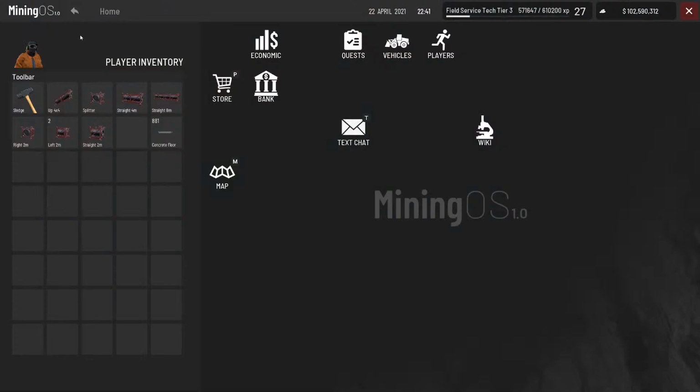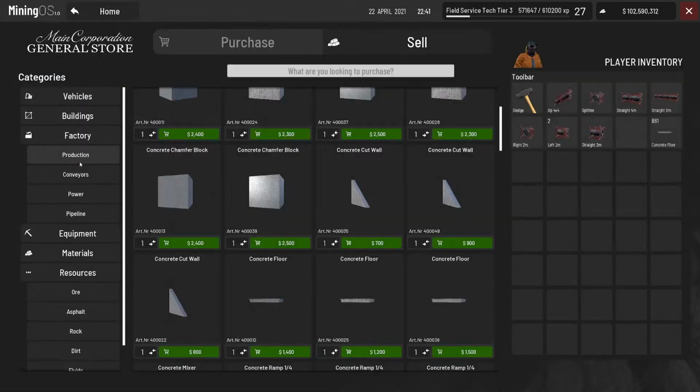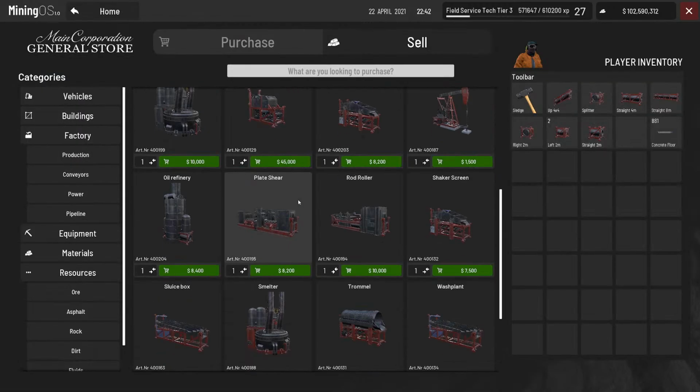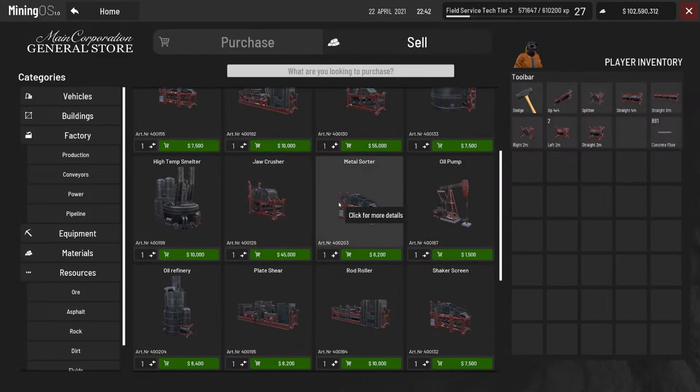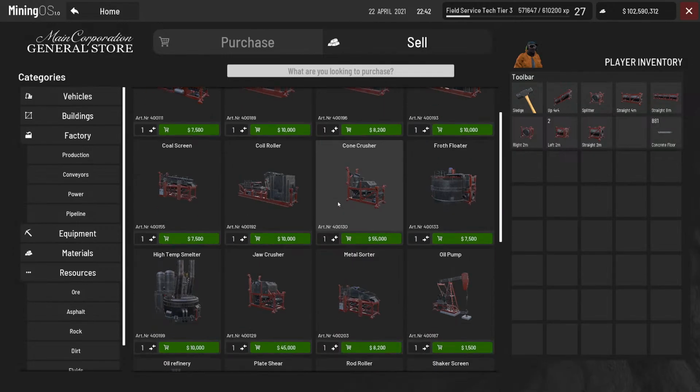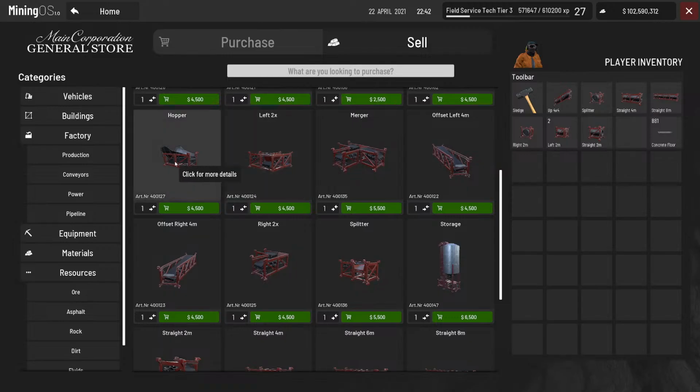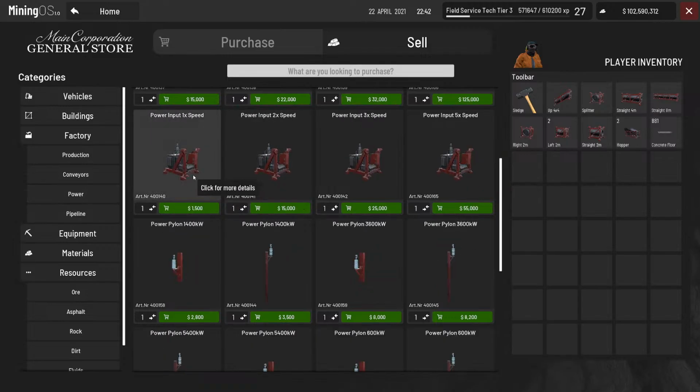Okay. Store. Production. Oops, there we go. 2 hoppers. Power. I need 2 of those.